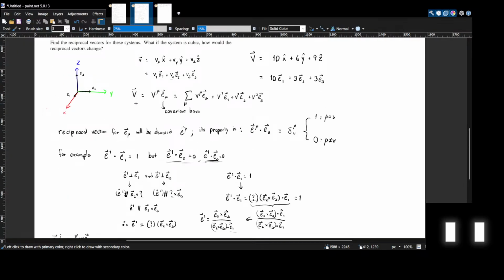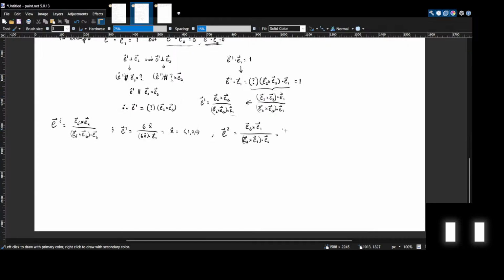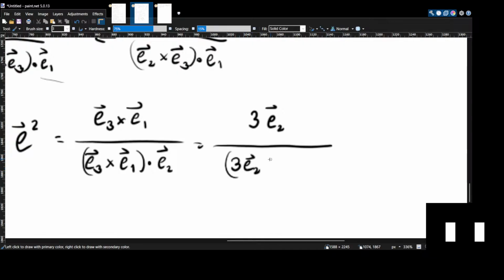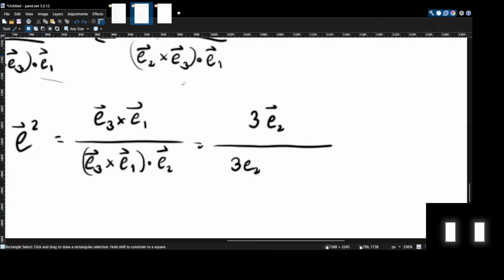E3 goes there, E1 goes there, E2. So this one's gonna be in the direction of 3E2 by using the right hand rule. I don't really have to find it the formal way. Again, this is 3E2. No, not 3E2, sorry.